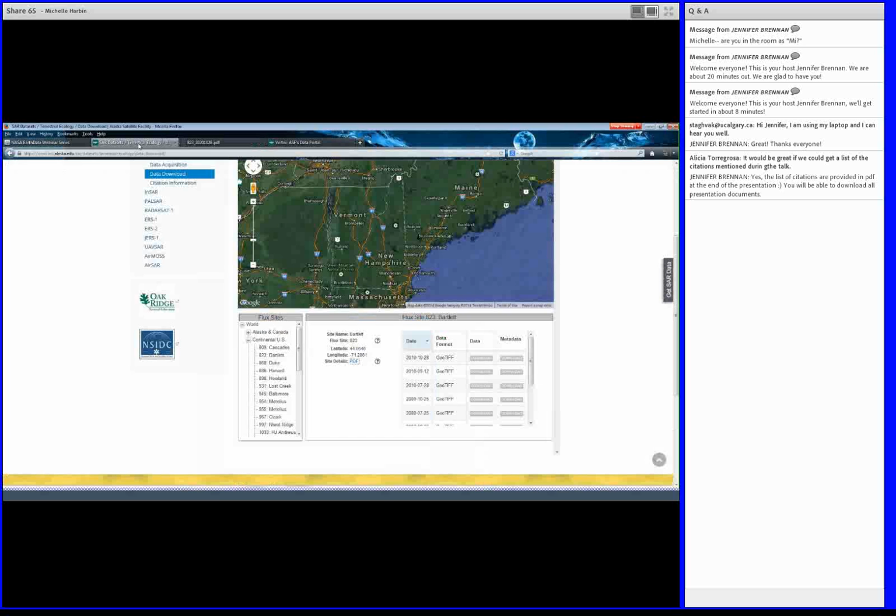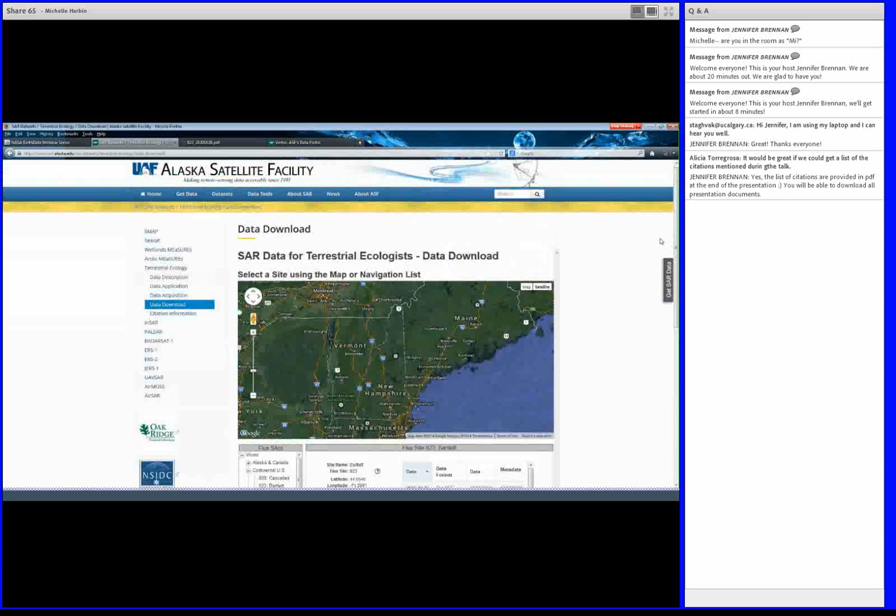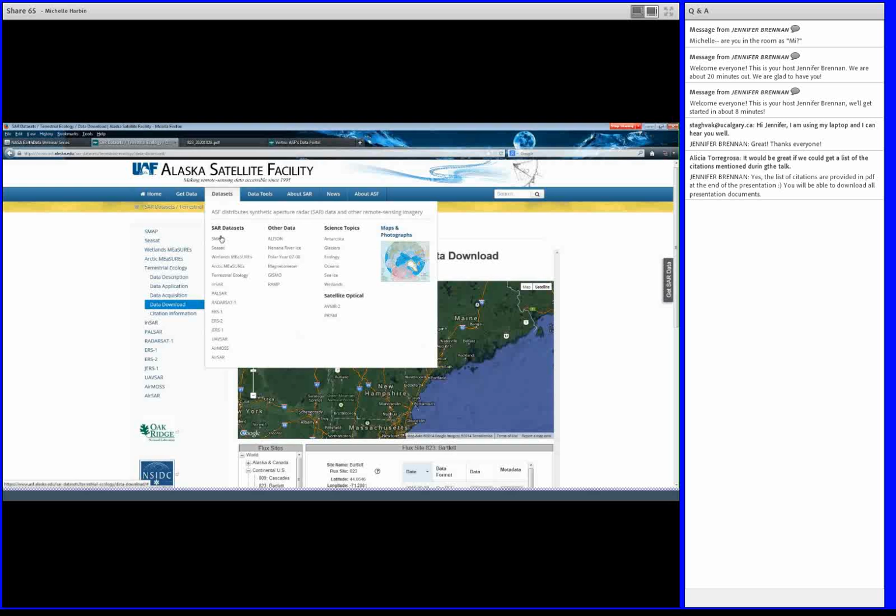Okay, if you were interested, let's say instead, in wetlands data, you might be interested to get more information about the Wetlands Measures Project. So you could either do that again now using this left-hand menu, or you could go to the Data Sets menu and select Wetlands Measures.